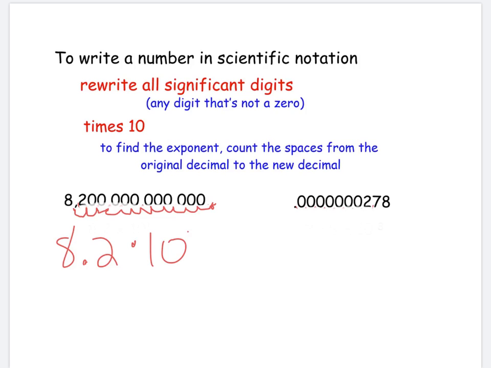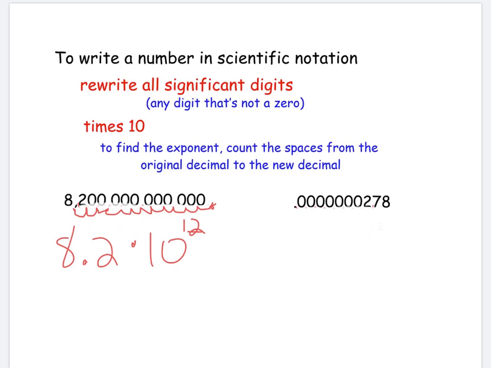And then the exponent that you put up here on the 10 is how many times we moved our decimal. So we moved our decimal 1, 2, 3, 4, 5, 6, 7, 8, 9, 10, 11, 12 times. So I would have times 10 to the 12th power. So that number now is between 1 and 10. It's being multiplied by a power of 10, so it is now written in scientific notation.